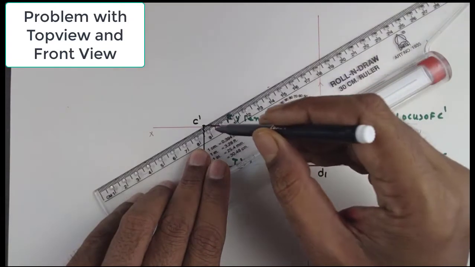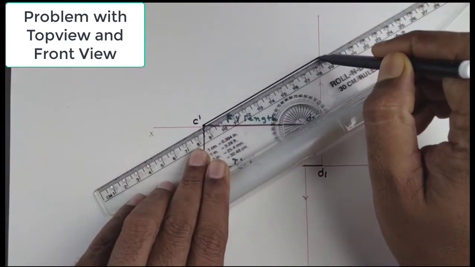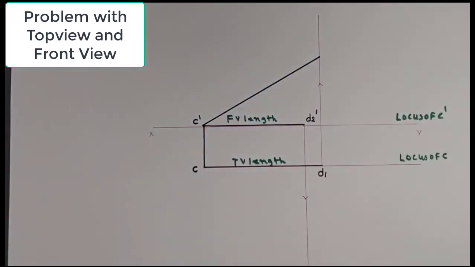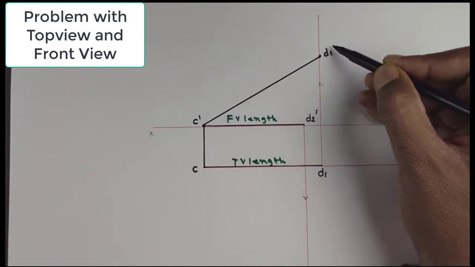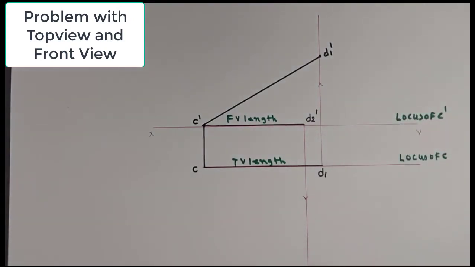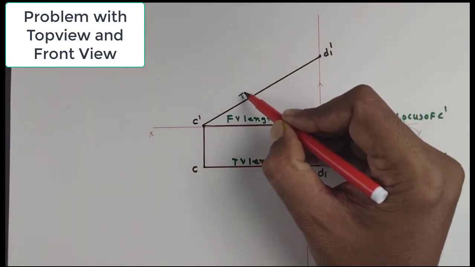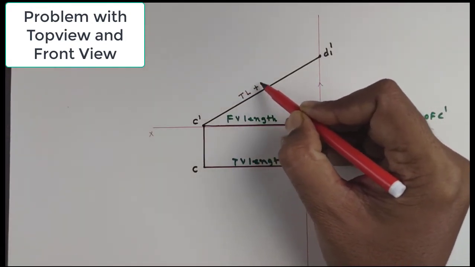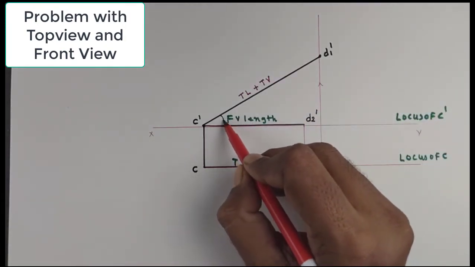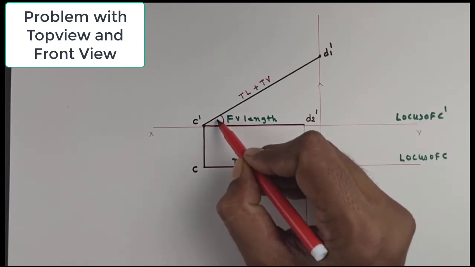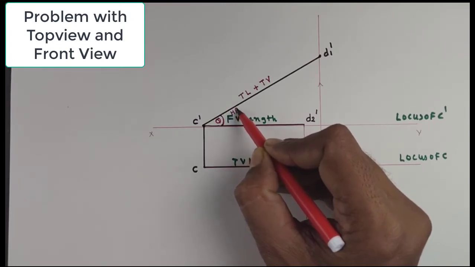It intersects my vertical projection where I get my elevation point D1 dash, and it is our true length plus top view, and it is inclined to the XY line. That angle is our theta, line inclined to HP.